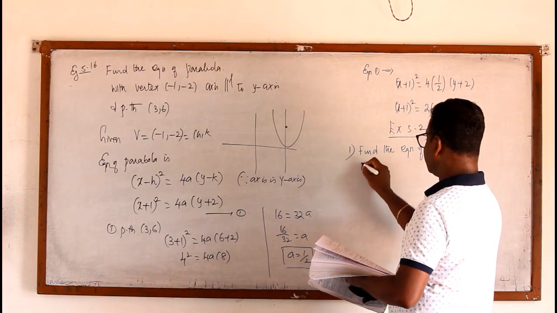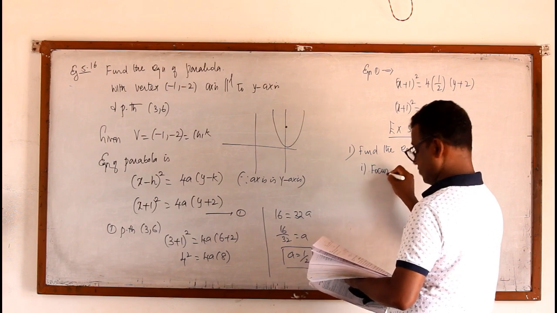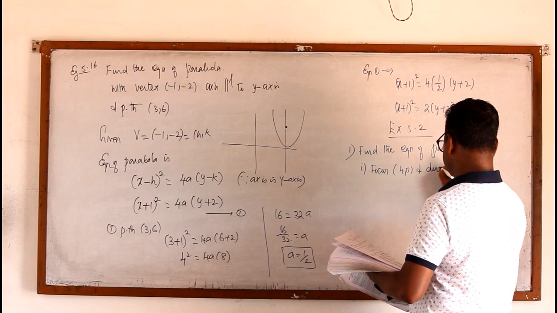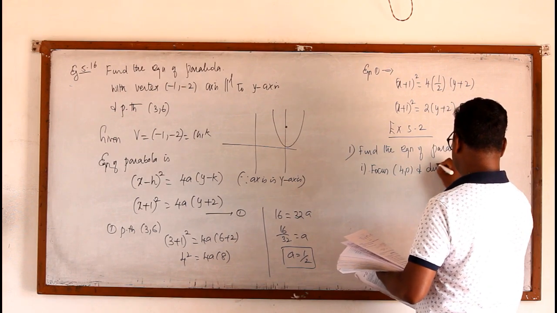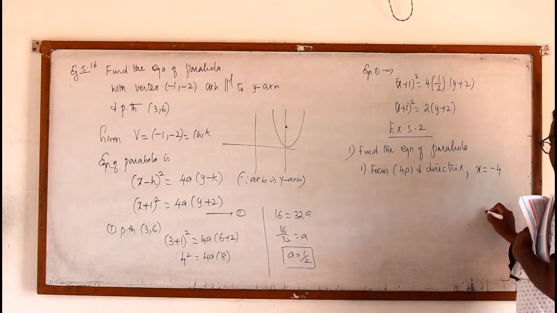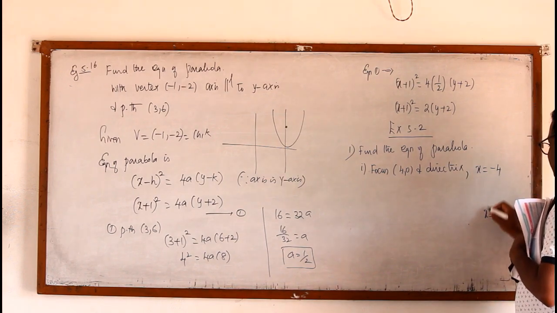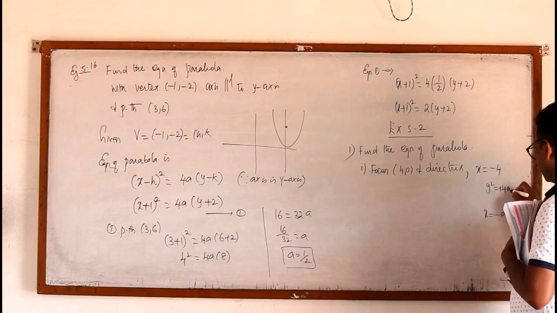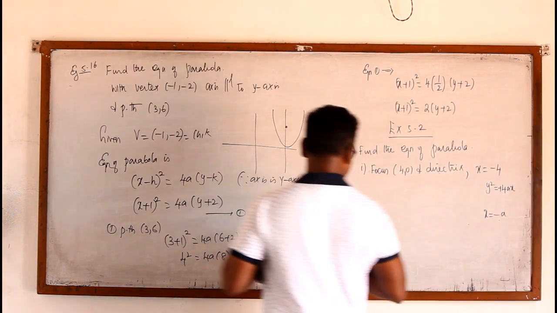In each case, first one, focus is (4, 0) and directrix is x equal to minus 4. Remember, x equal to minus a means it is y square equal to plus 4ax. So this is the standard equation.